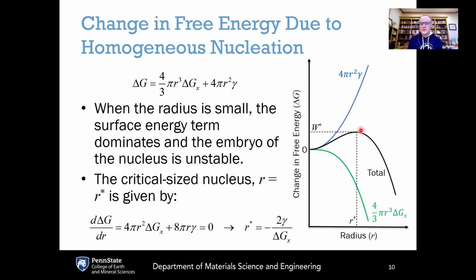So the critical value here is really R star. A nucleus that is at least as big as R star will be favored to survive and grow. A nucleus that is less than R star will shrink and disappear.